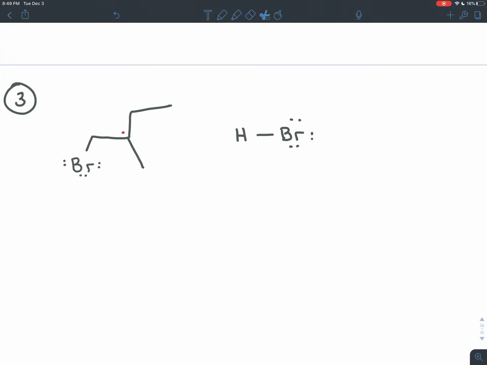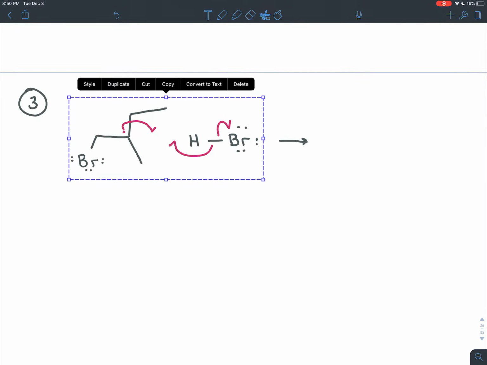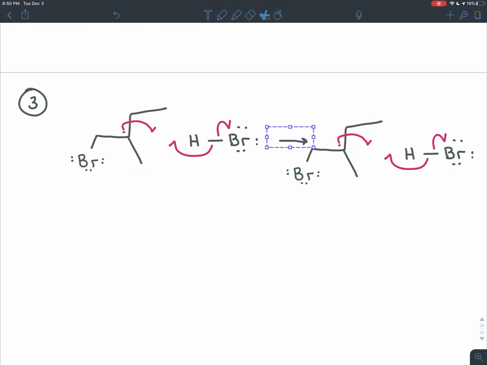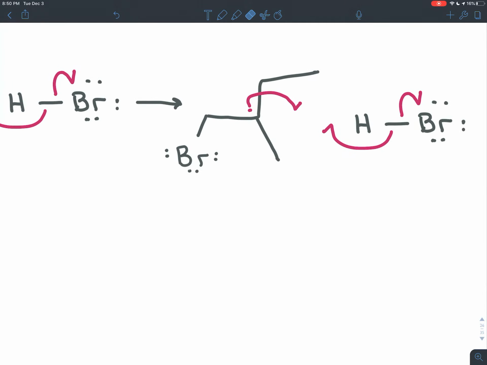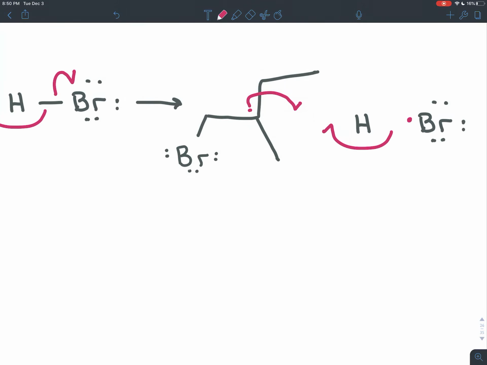The bromine has 3 lone pairs. So here, this radical is going to bond to the hydrogen. It will donate 1 electron, the hydrogen will donate the other, and the second electron in this bond will snap back onto the bromine. So what you create here is, first, this bond breaks. One of the electrons goes onto the bromine and creates a radical.